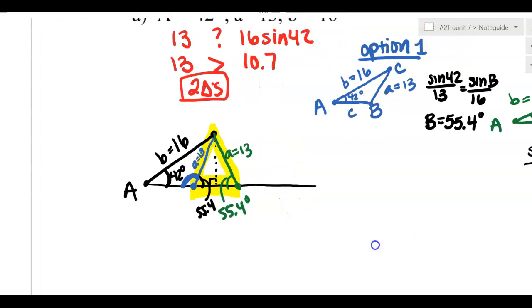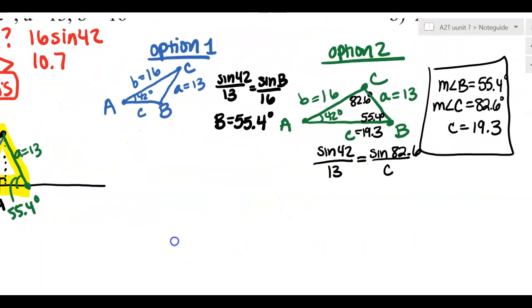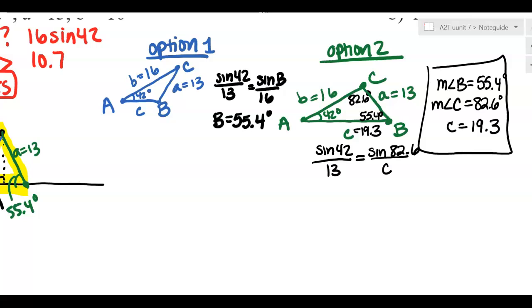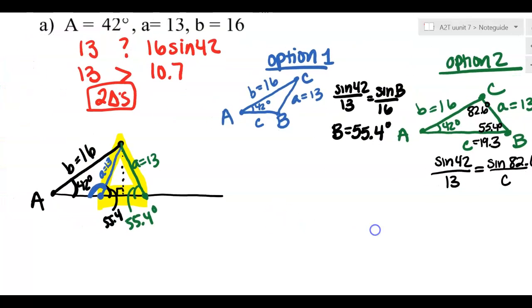So this obtuse angle B over here in option 2, though the law of sines can't find it for me, it is always supplementary to the acute angle B because of this relationship. Every time I set up these two triangles, this acute angle B is the same as this little angle over here that's supplementary to the obtuse angle B, okay?